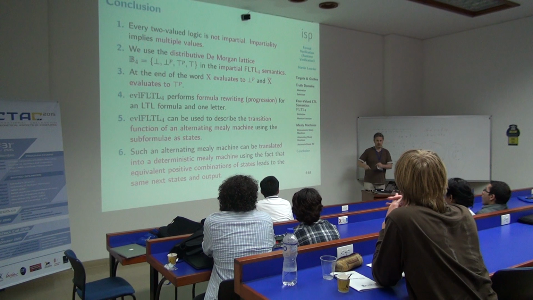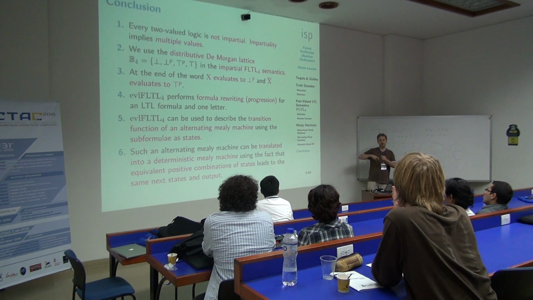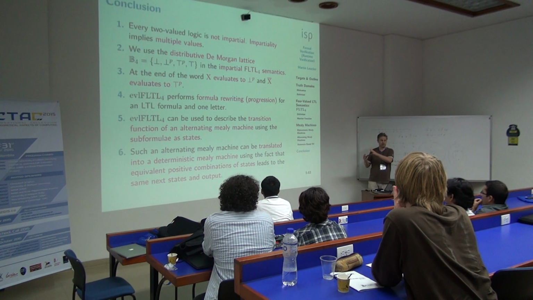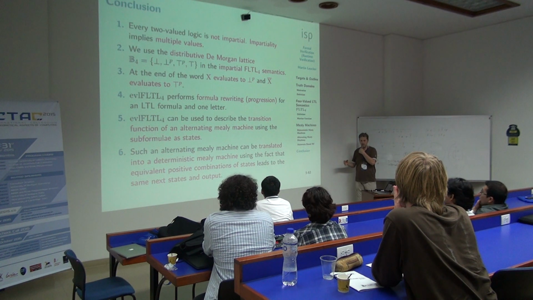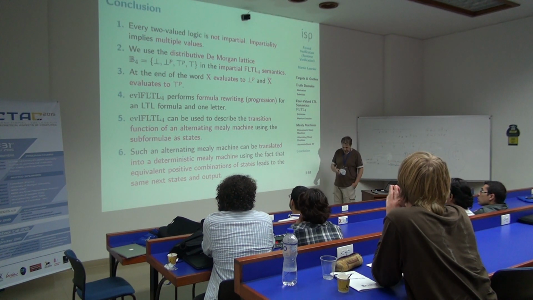If you take a formula and read a letter, and for the letter do the rewriting of the formula, you can do that at runtime, or you can create the automaton, meaning you check, you're in the initial state, what is the state that you go to with an A, with a B, with a C, and then you continue, and in this way you build up an automaton. Then you can store the automaton, because it's faster for monitoring, but of course you have to do kind of pre-computation.